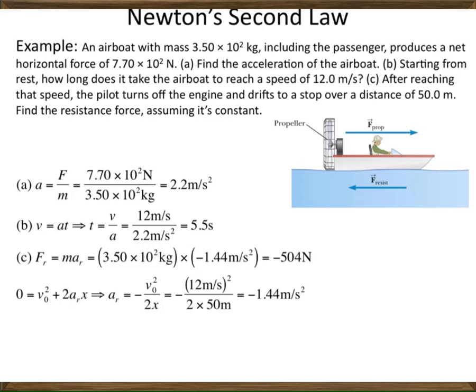This example seems more complicated, but again, it's easy. We have a boat, and the boat is pushed by this propeller, okay, on the back of the boat, and this propeller force is pushing the boat toward right, but there is a frictional force in the reverse direction by the water.